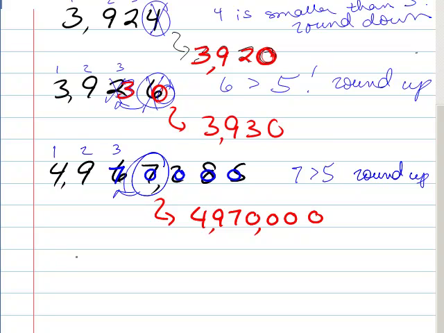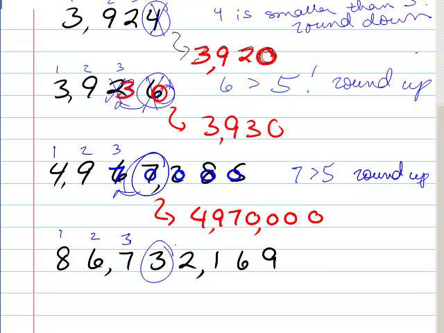So if we had 8, 6, 7, whatever, 3, 2, 1, 6, 9, and we want to round off to three significant figures, count 1, 2, 3, circle the fourth one. This 3 is less than 5, so we're going to round down.